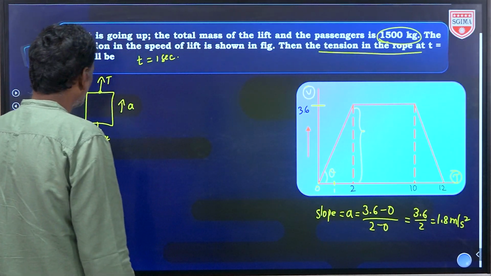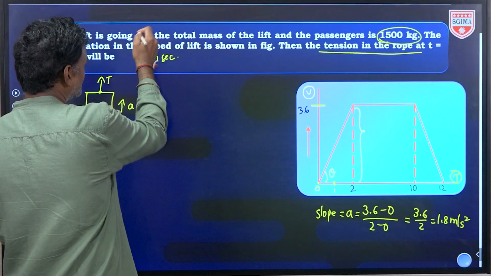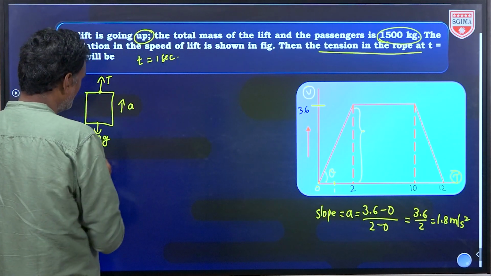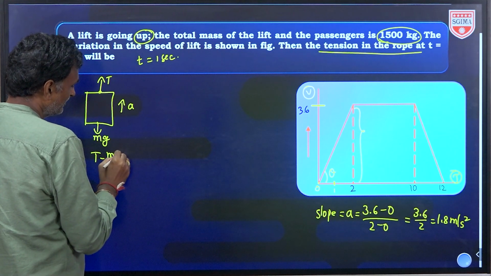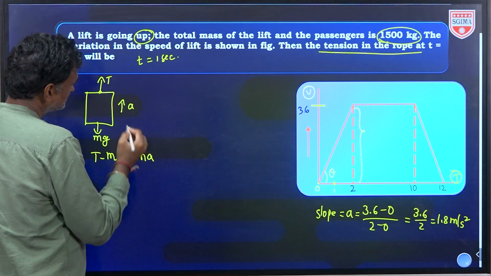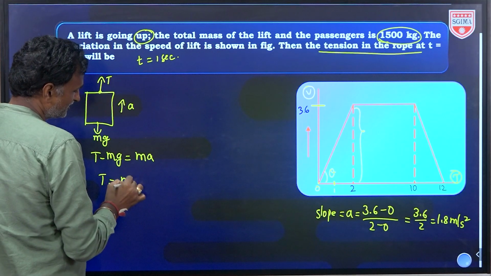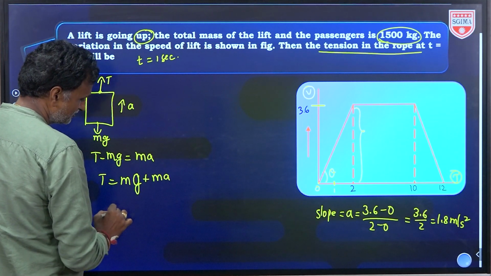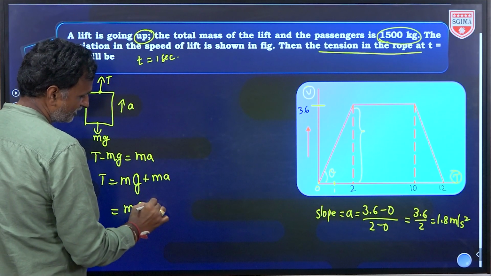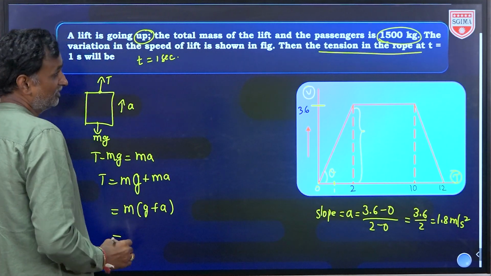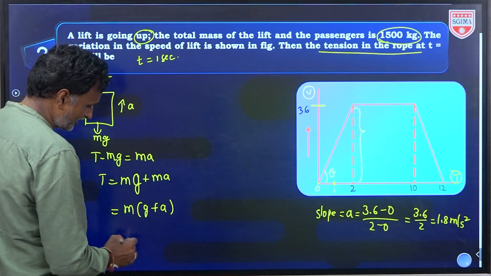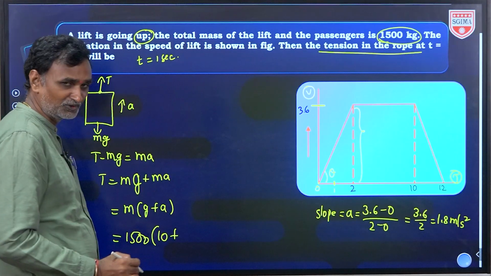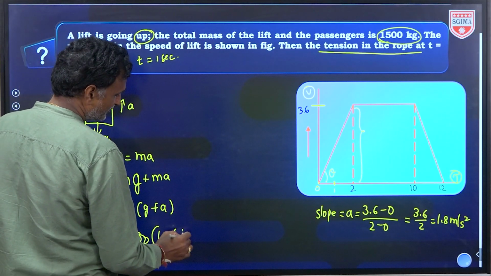So now, the acceleration is upward as per the question, so it is a positive acceleration. Then T minus mg equals ma. So T equals mg plus ma, that is m(g + a). The value of m is given as 1500 kg, g I am taking as 10, and a is 1.8.